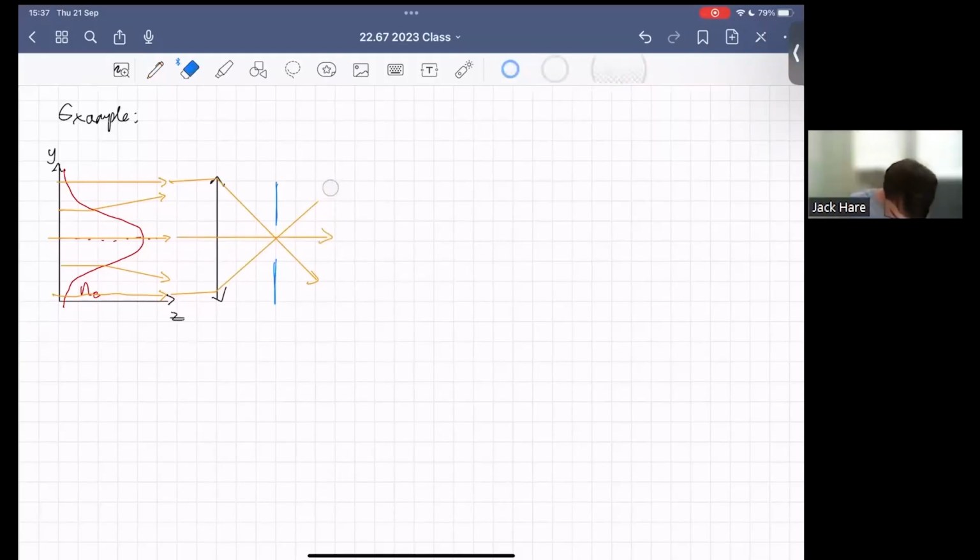But the deflected rays are not going to go through the focal point, right? The deflected rays are going to go above and below.